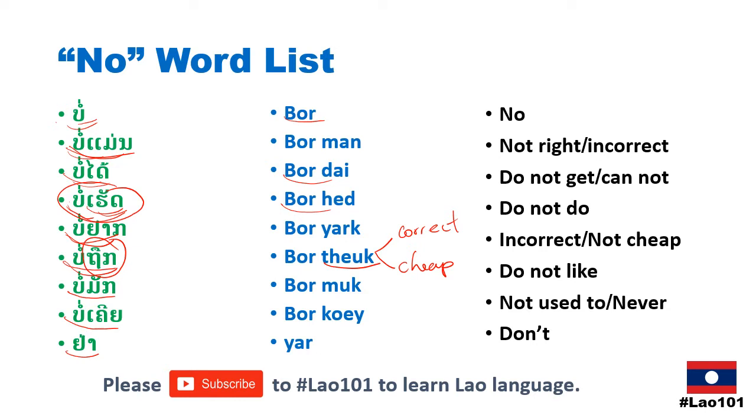Bo mak means do not like. Bo khoei means not used to, never. And then the word ya, in a negative context of saying no, means don't do something, don't run, don't swim. So you would put this one before the verb, and it would mean no for not doing something.